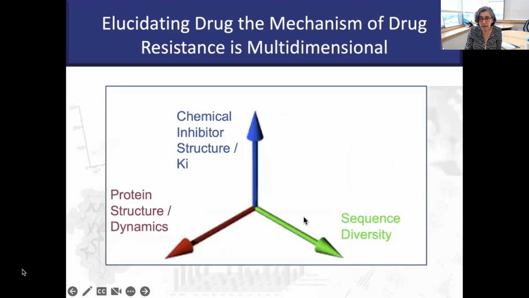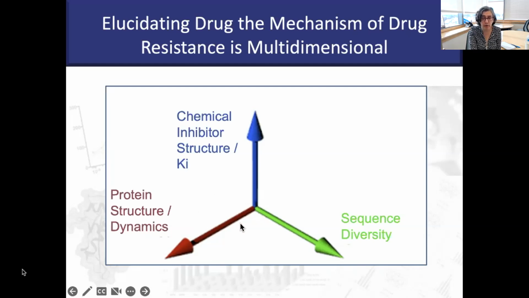So the way I think about the landscape of drug design is a combination of the protein structure and dynamics, the chemical structure of the inhibitor and its potency, and the sequence diversity that's accessible to the drug target. And today I'm not going to be discussing so much the dynamic space, but talking specifically about the substrate envelope.